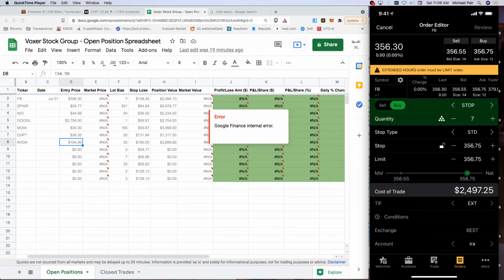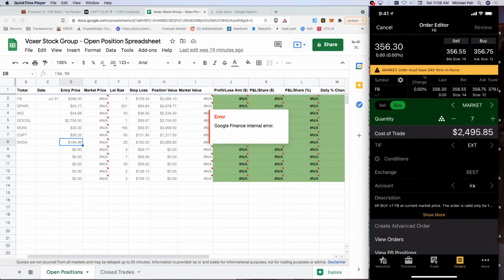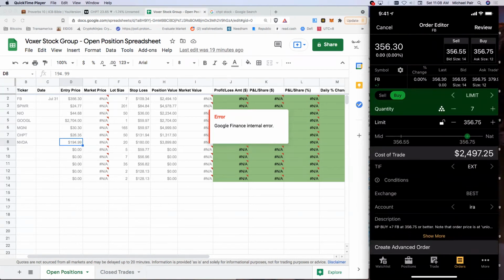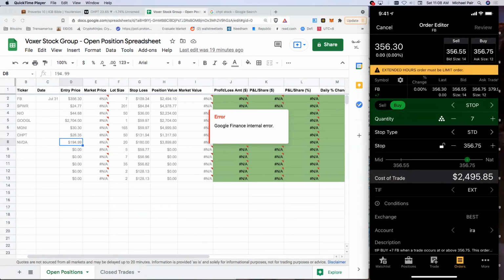So let's just go through. All right, that's a market order, means I want to buy now. Limit order means that I want to buy, but I don't want to pay more than $356.75. A stop is if a stock is higher than the current price, you say I want to buy it at the higher price.